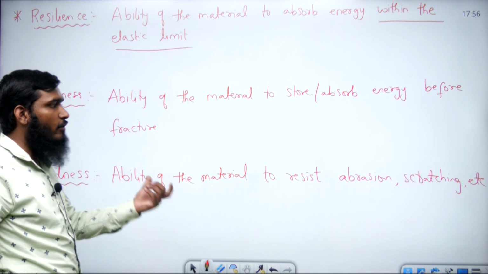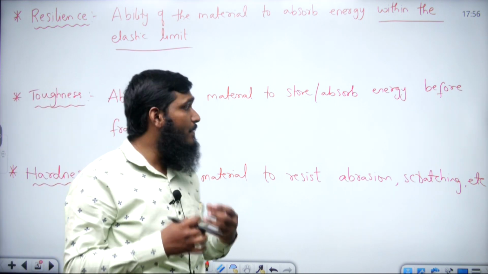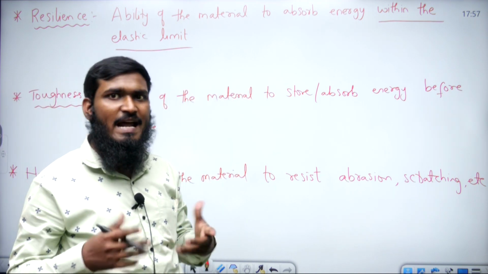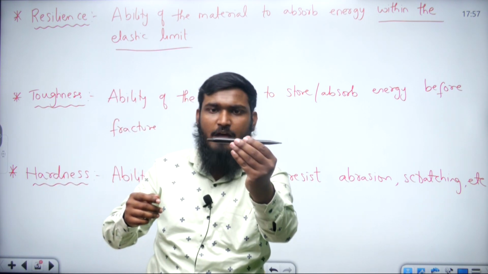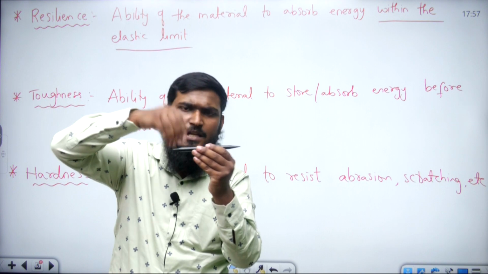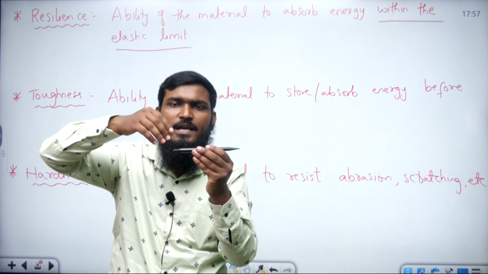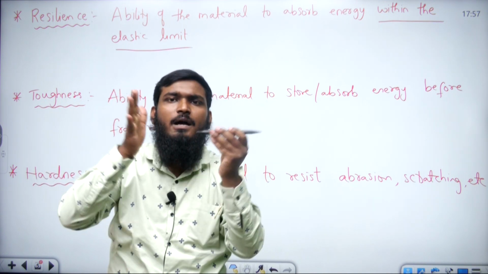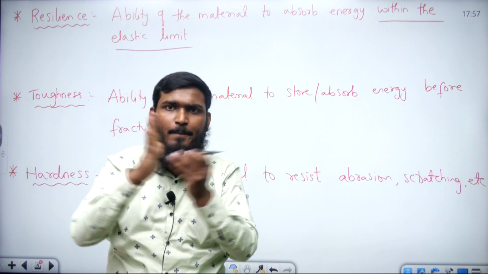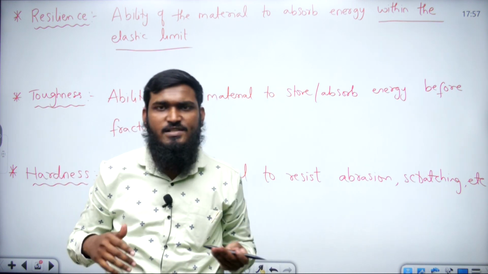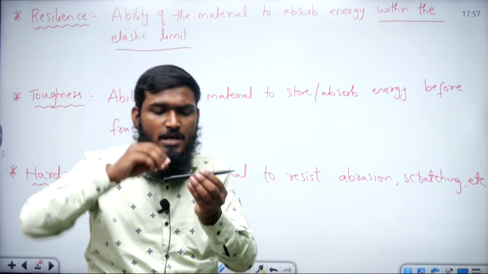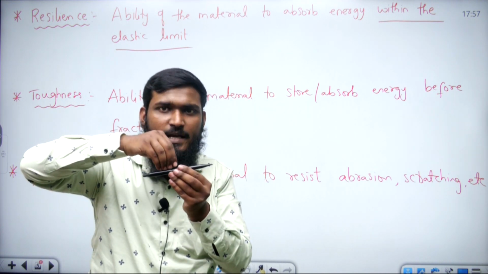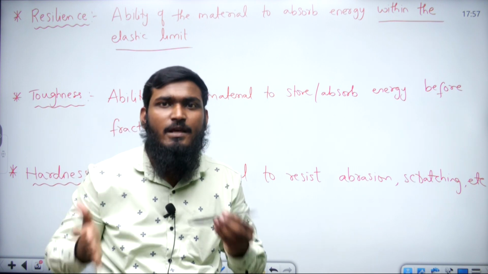Hardness means the ability of the material to resist abrasion, scratching, etc. Scratching and abrasion mean wear and tear will be there. This material, again and again, whenever we apply loads, which are normal or parallel, perpendicular or parallel to the cross section, whenever we apply these types of loads on the material, what will be happening? There will be scratching or wear and tear on the material.